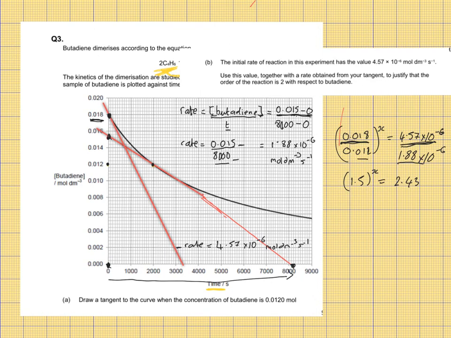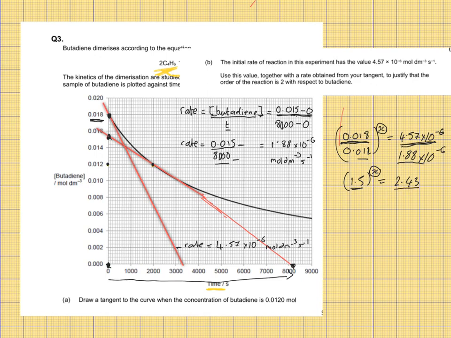So if we raise this to the power x to find out what the order is with respect to the butadiene, that comes out to 1.5 to the power x, which is the order with respect to the concentration of butadiene. And if we divide the rate for the two experiments, the rate has increased 2.43 times.